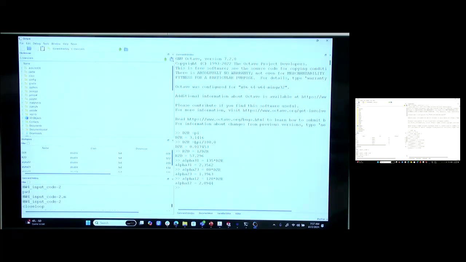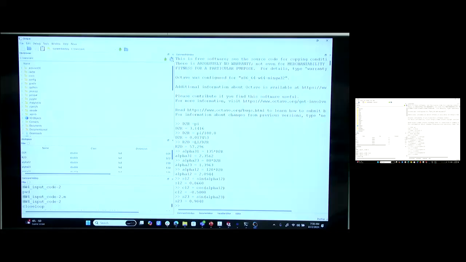I'm going to go ahead and get S12 equal to sine of alpha 1.2, and C12, because we're going to need those. Okay, S23, and if you see any typos, yell them out. C23.